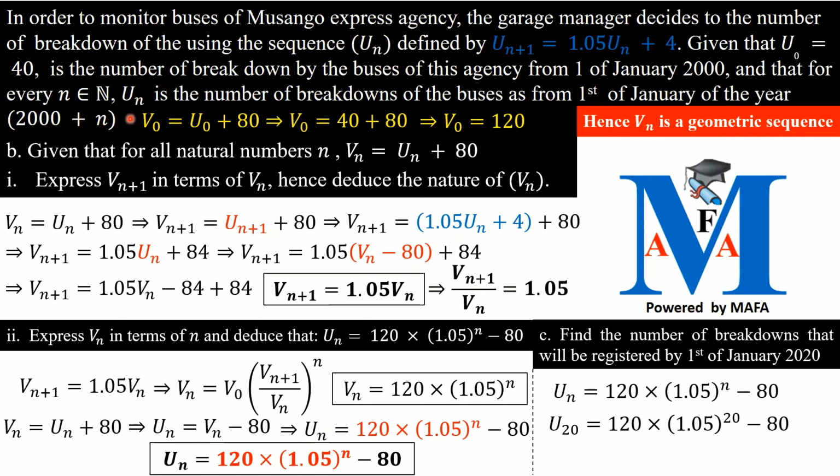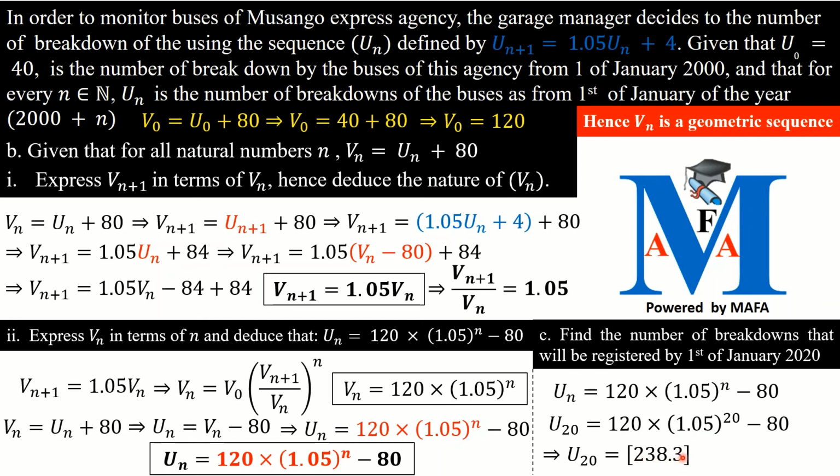So U20 is the number of breakdowns of the buses from the 1st of January of the year 2020, as Un is the number of breakdowns as from the 1st of January of the year 2000 plus n. Alright, so simplifying this using your calculator, you get 238.3.